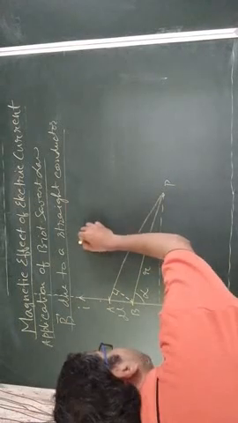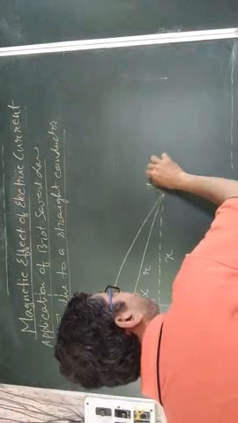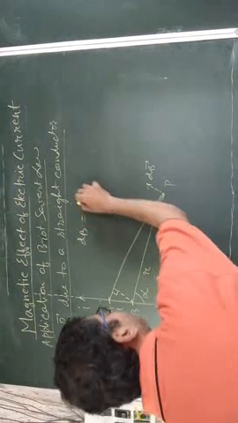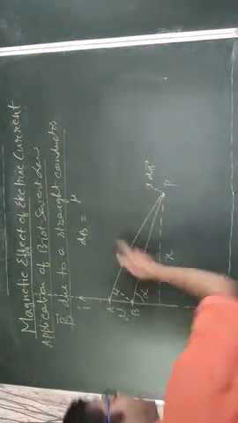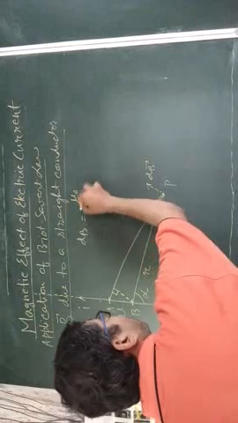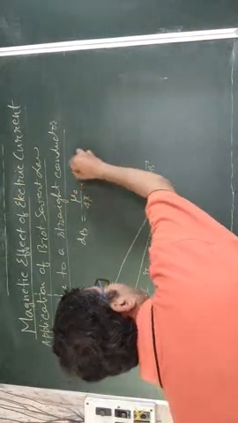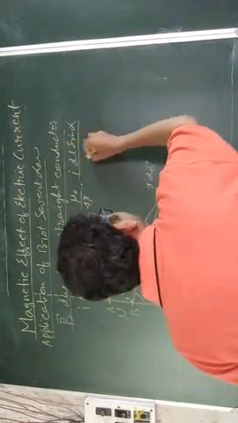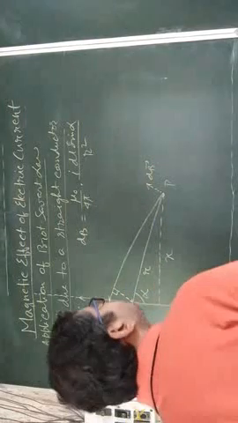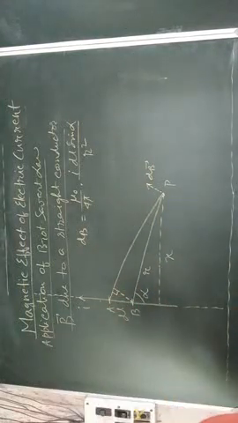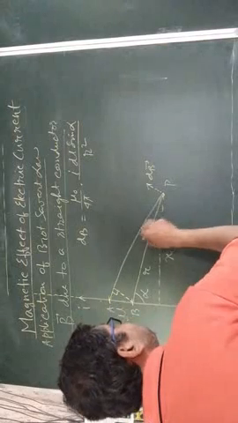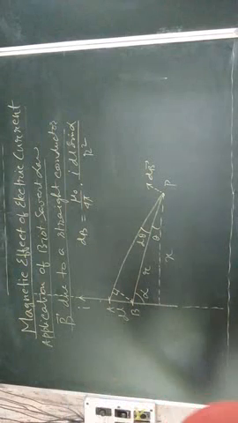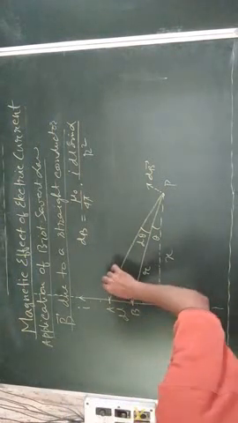So by Biot-Savart, if this is the magnetic field produced here, dB is equal to, if we consider that the medium is air, mu naught upon 4 pi I dl sin alpha by r square. Suppose this angle is d theta and this angle is theta, and this perpendicular's name is BD.